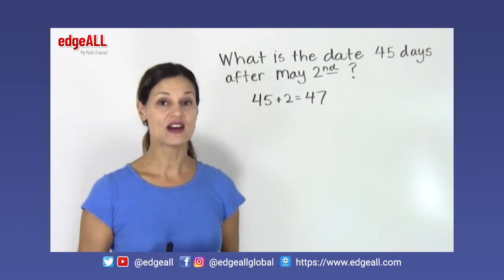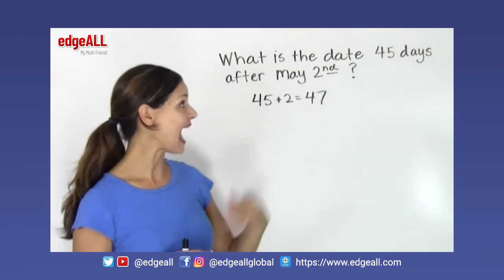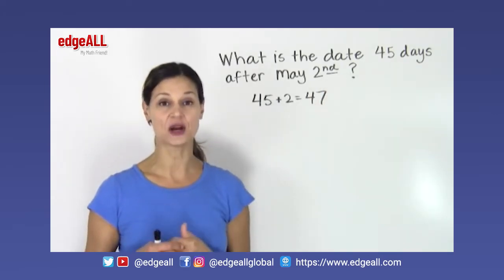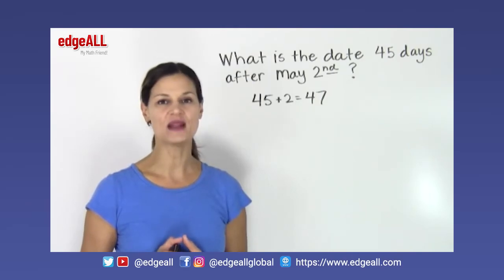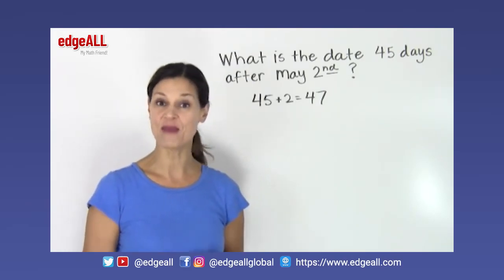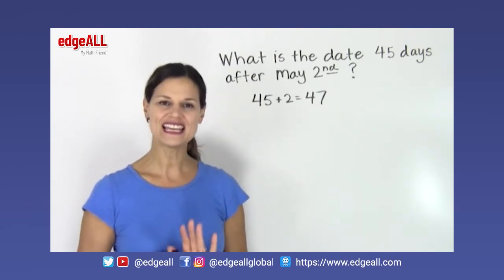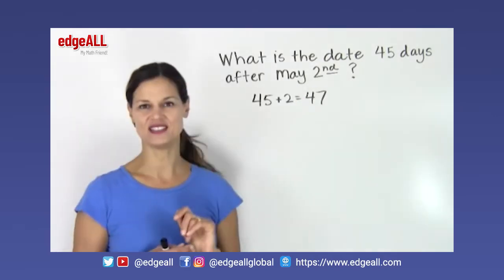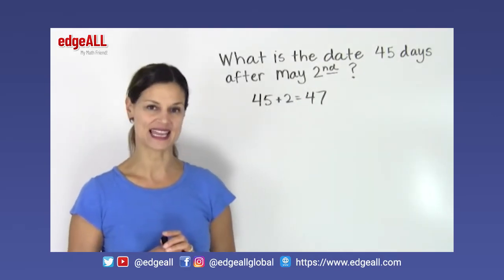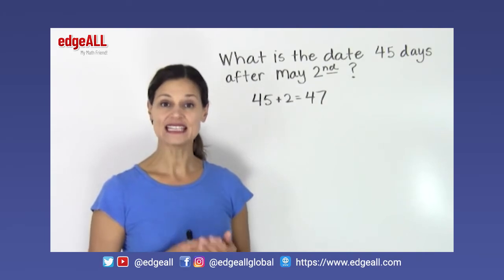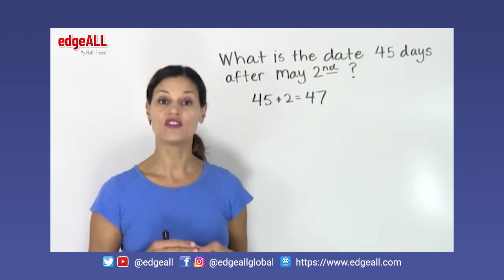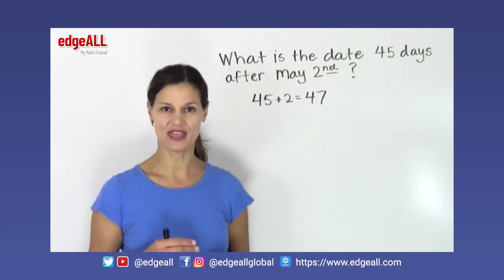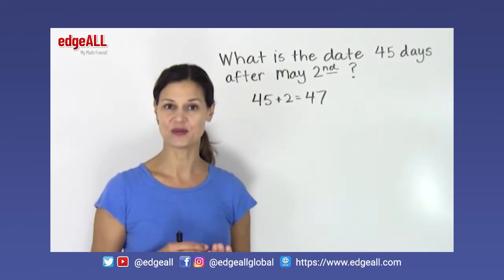The date 45 days after May 2nd will not be a date in the month of May. So what is the date 45 days after May 2nd? Well, the date after 45 days will fall in the next month being June.